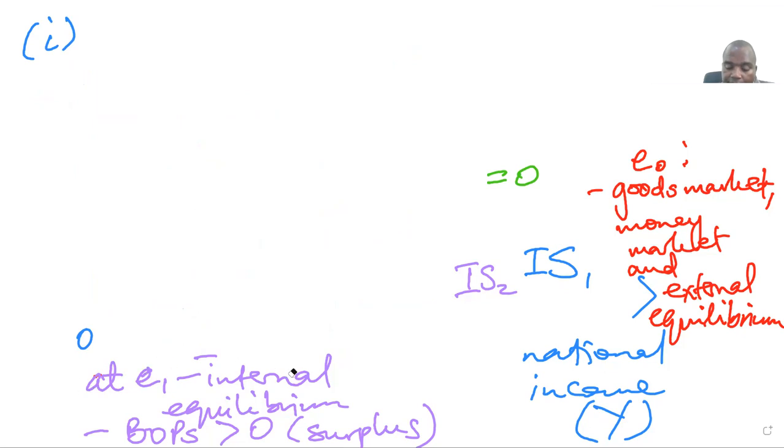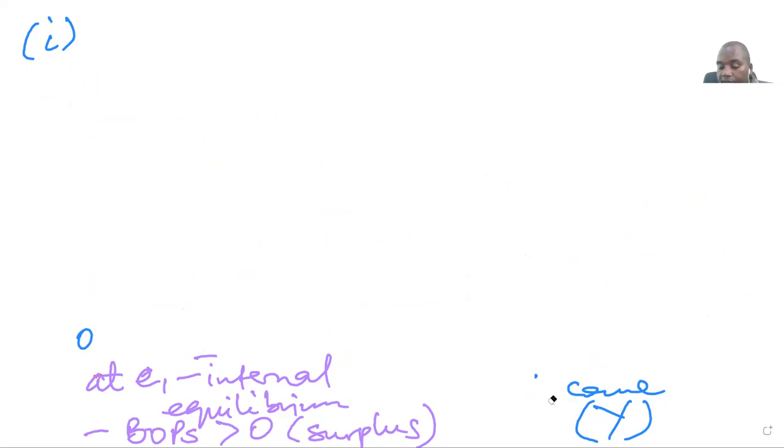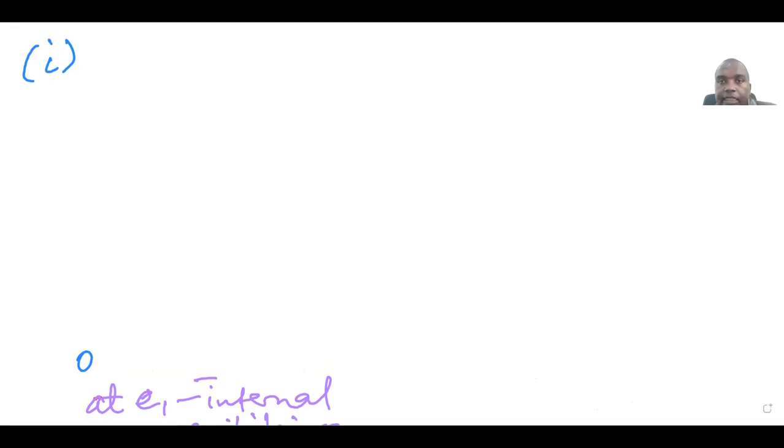And we work out how this shock to the domestic economy can be remedied, because you can have a scenario where things within the domestic economy become upset, and as a result occasion a situation where the external sector would be out of balance, whilst the internal sector is in balance. So we want to check how that can be remedied.